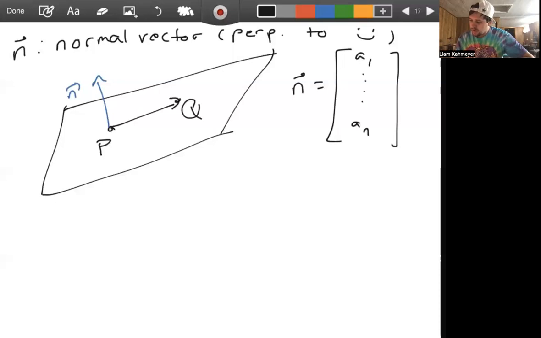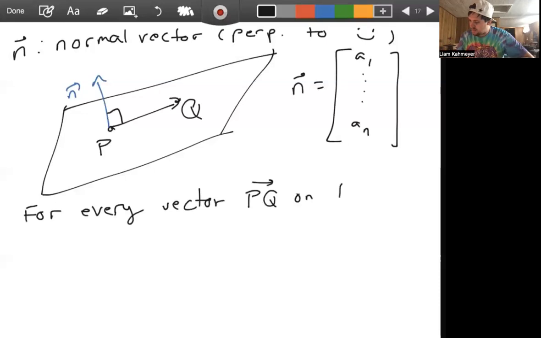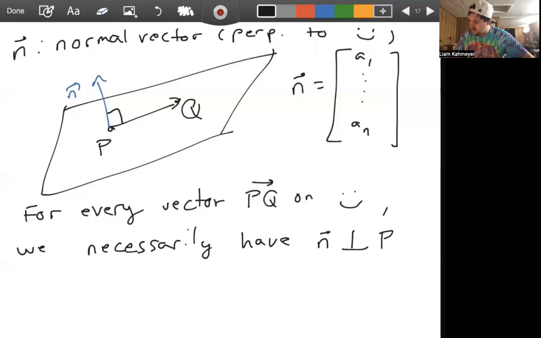Well, what we know is that for every vector PQ on the plane, on smiley face, we necessarily have that, so I'll introduce some notation here, N is perpendicular to PQ. And this is true for every vector on the plane, right? This upside down T here means perpendicular.